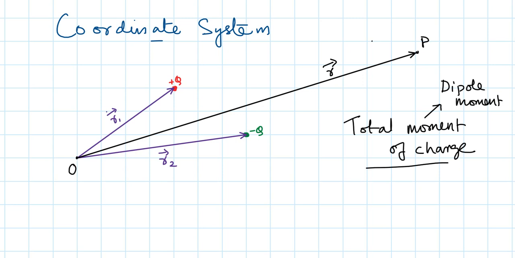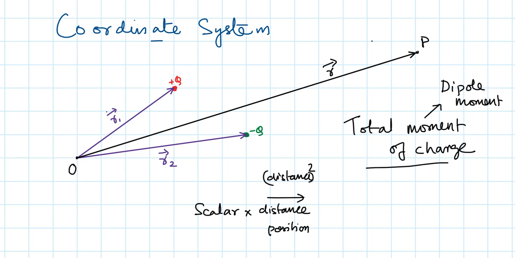So moment is a quantity which contains a scalar multiplied with a distance measuring quantity. Now this could be the position, this could be the square of the distance.